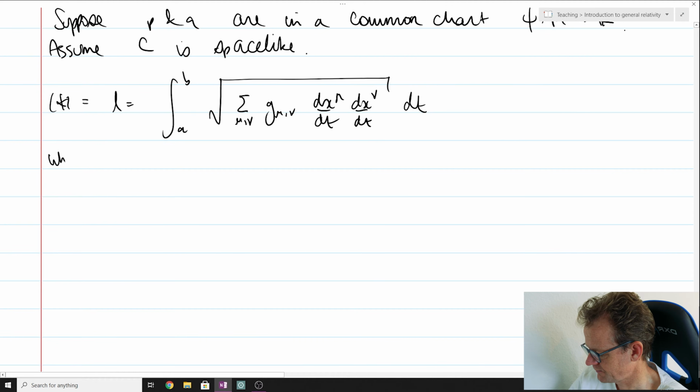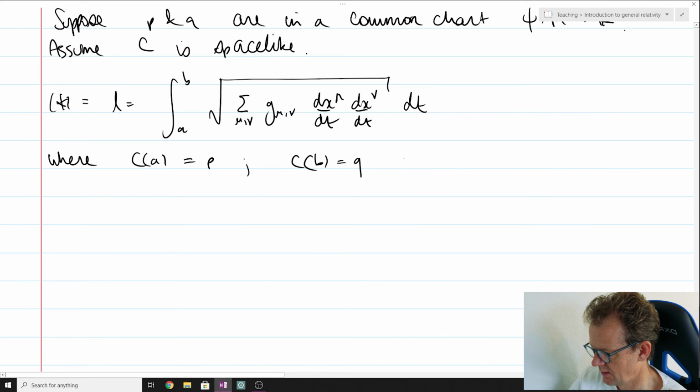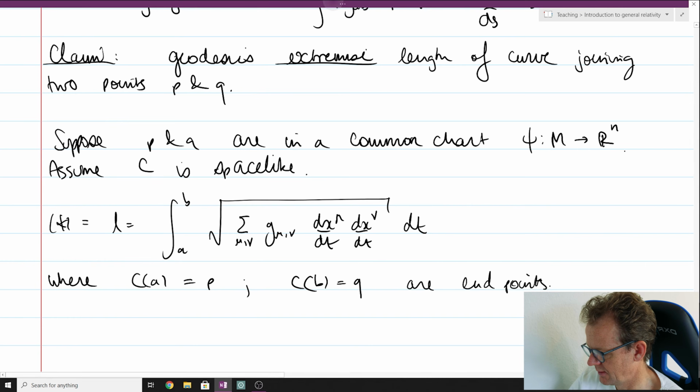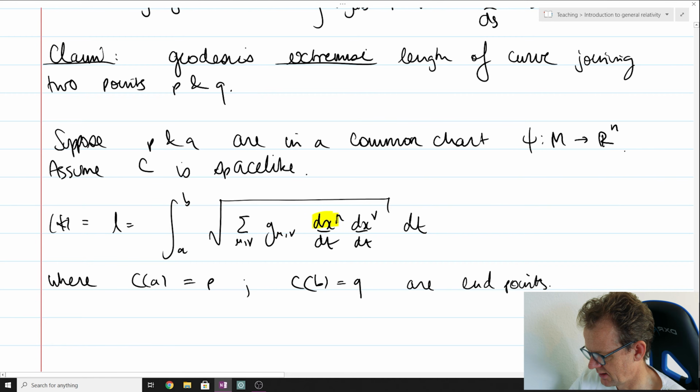So C, the curve at parameter value A is P, and C, the curve at parameter value B, is Q. And because we're working in a coordinate chart, the tangent vectors in this coordinate chart are dx^mu/dt. So that's just the tangent vector from before.